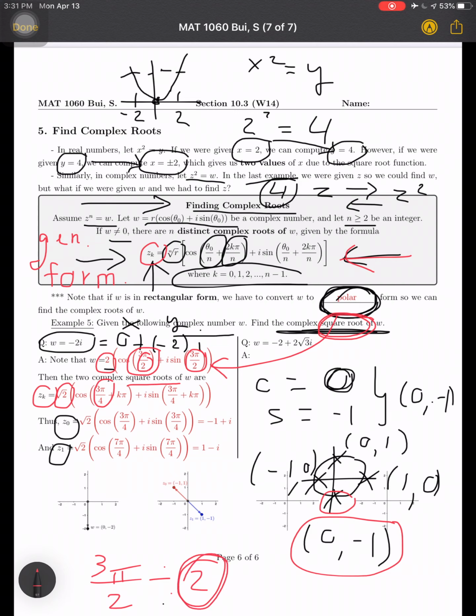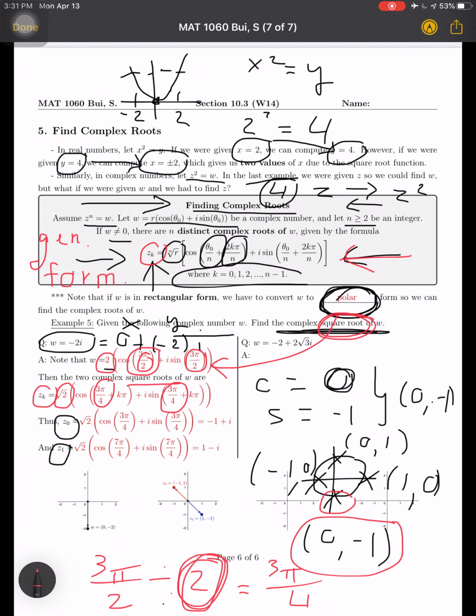That's why we divide by 2, okay? If you're lazy, you can punch it into the calculator and you're going to get 3 pi over 4. If you want to think about it logically, dividing by 2 means you multiply by a half, right? So 3 pi times 1 is 3 pi, and 2 times 2 on the bottom gives 4. That's why we have 3 pi over 4 in there, and also in here.